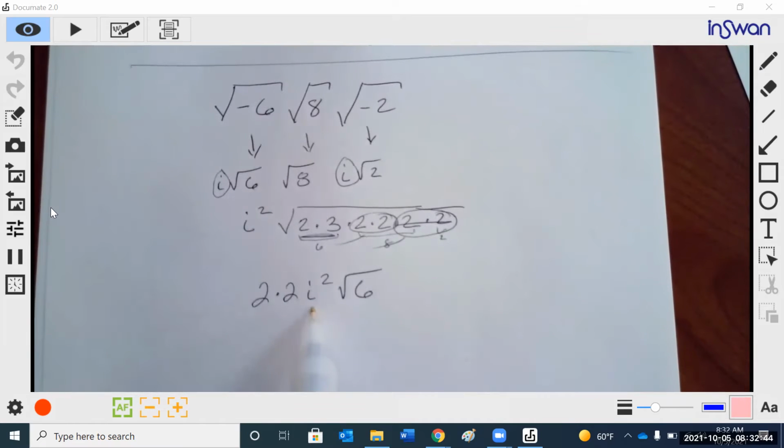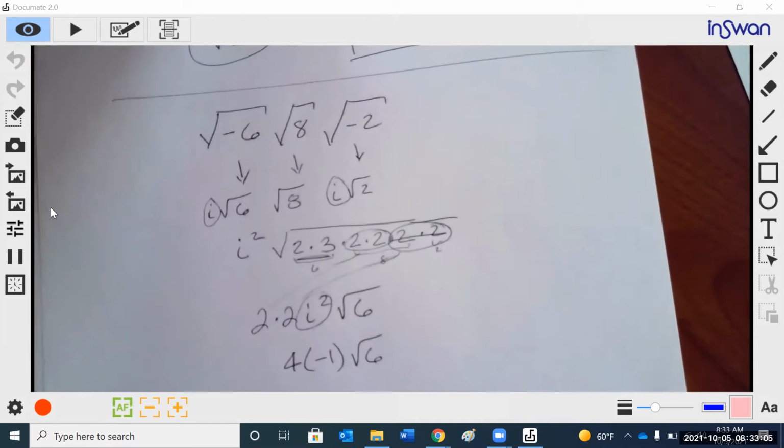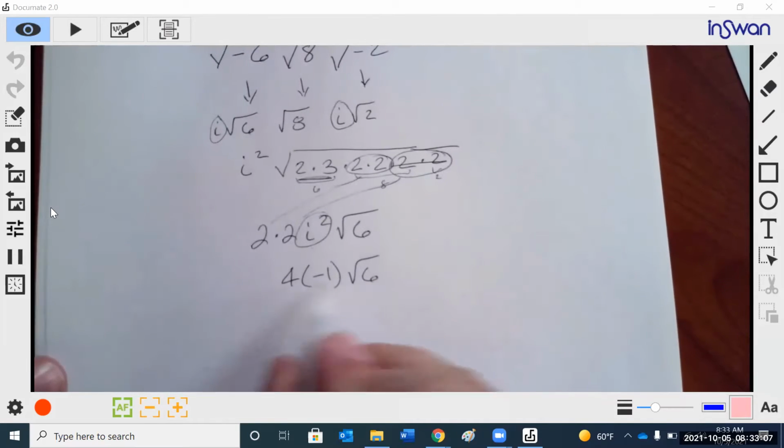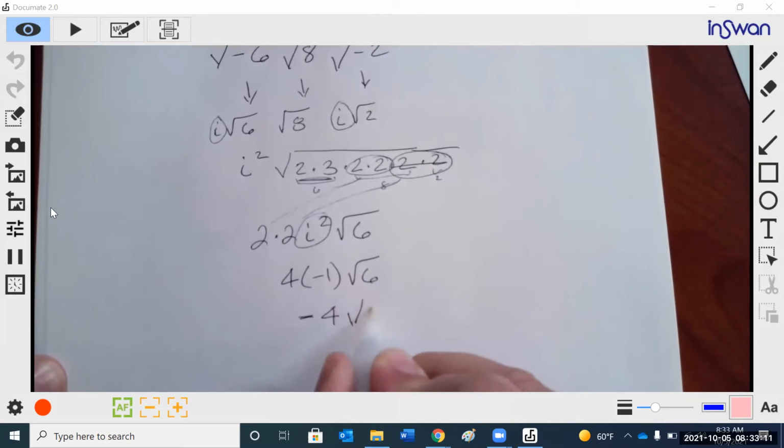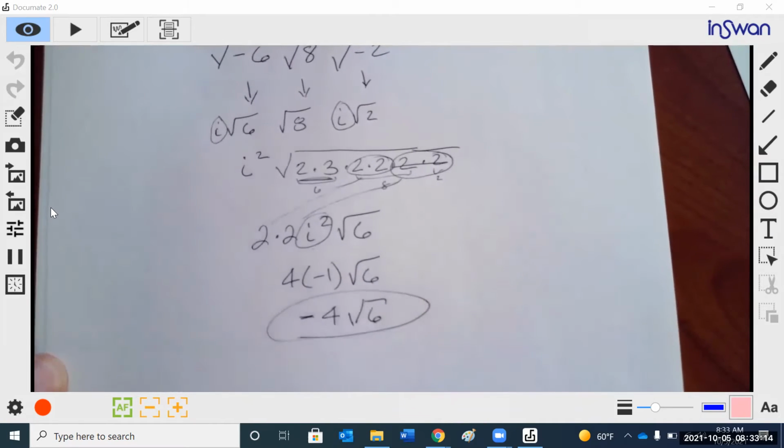So there's i squared in front, and both of these I took out. 2 times 2 is 4. i squared makes it -1. So 4 times -1 is -4 radical 6. There's the answer.